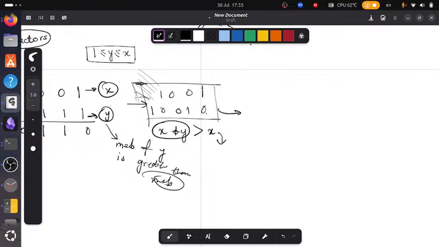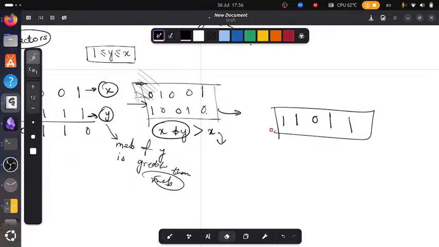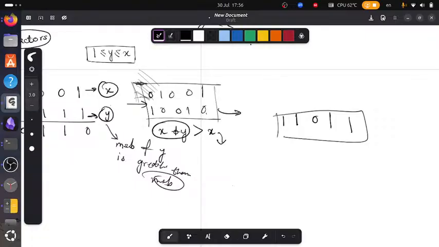So in this case the answer is going to be 1, then another 1, then we have 0, and then we have 1. So this is also greater than y, right? Now is it possible to have a number such that, let's say we have 2 or 4 or 8 or 16?